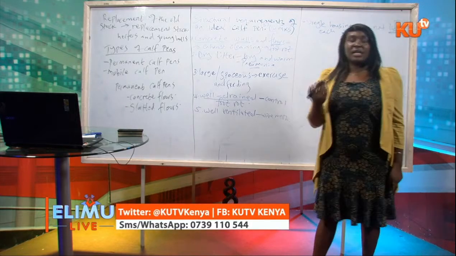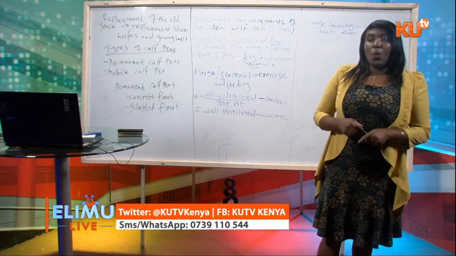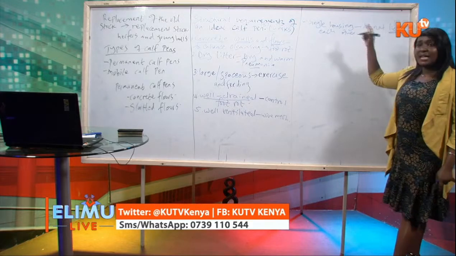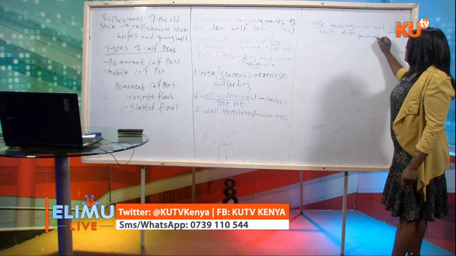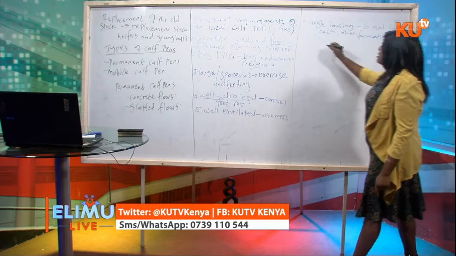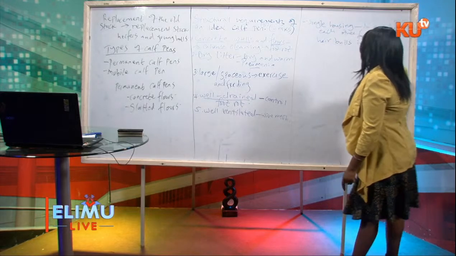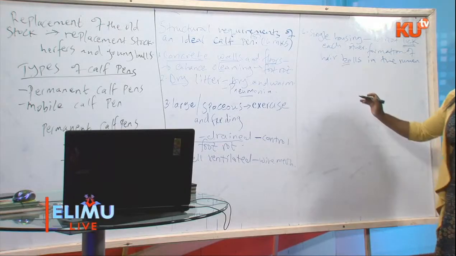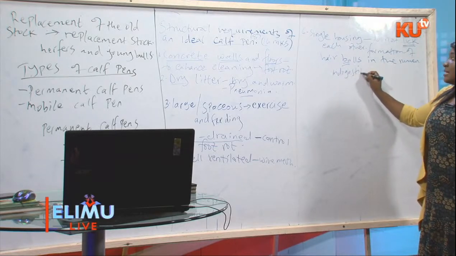And why don't we want calves to lick each other, dear learner? Why don't we want calves to lick each other? Licking each other can lead to formation of hair balls in the rumen. And these hair balls are indigestible. They cannot be digested.